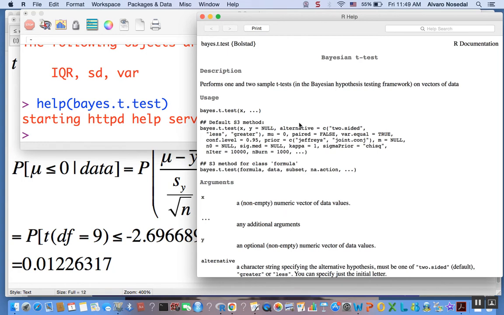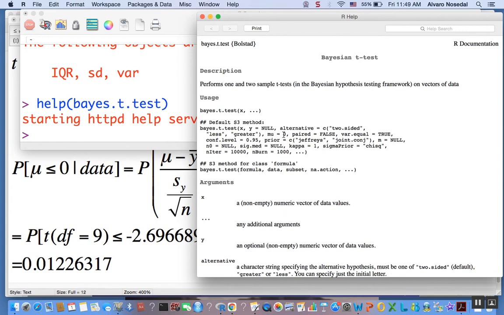So first, we want to carry out a Bayesian hypothesis test. In this case, you could have 2 samples. We only have 1. So we would need this argument here. Alternative, as you can imagine, we have the 3 choices: 2-sided, less than, and greater than, the 2 choices for one-sided alternatives.